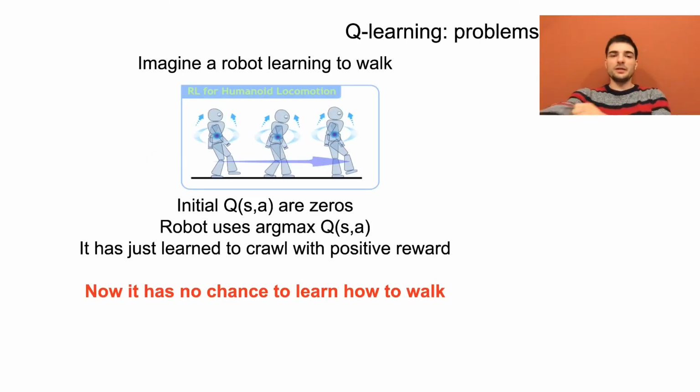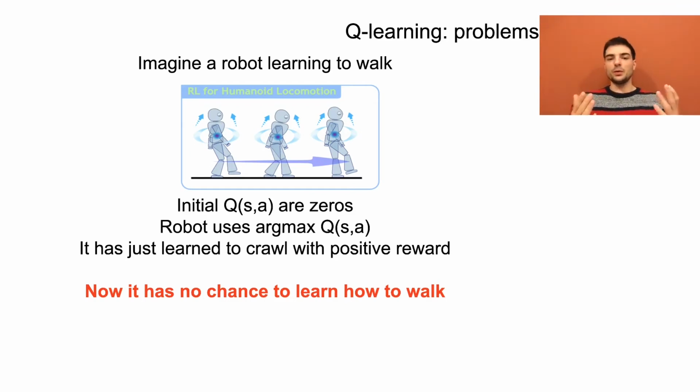Here is another beautiful example. Imagine we have a robot which is trying to learn how to walk. The initial Q-value, once again, will be zero for all states and all actions. For example, actions are to change the angle in different joints, to change the voltage on the engines, and so on. And imagine the robot uses a greedy policy, as we discussed. So it did something, for example, fell straight forward or learned how to crawl. So it already got some positive reward for its movement.